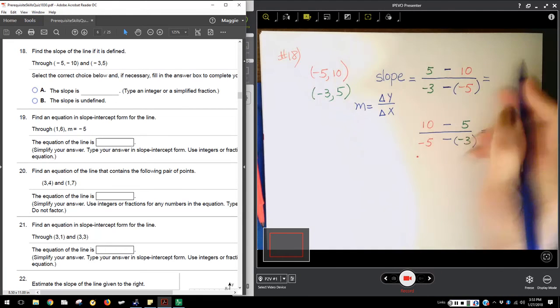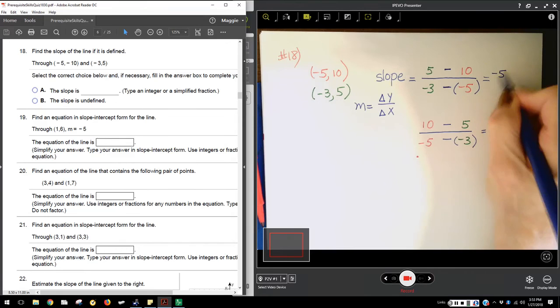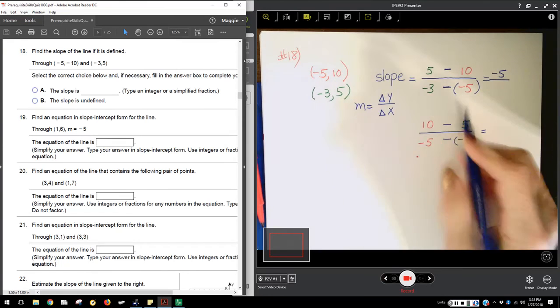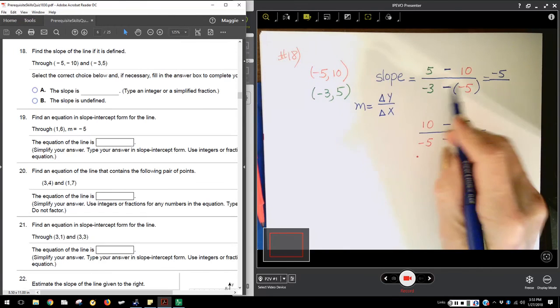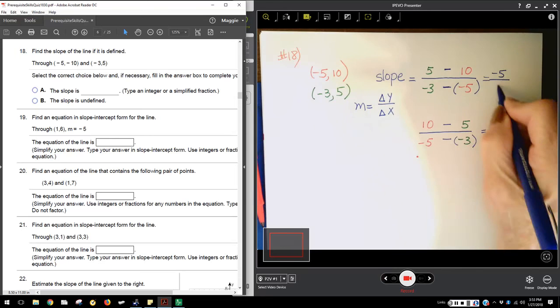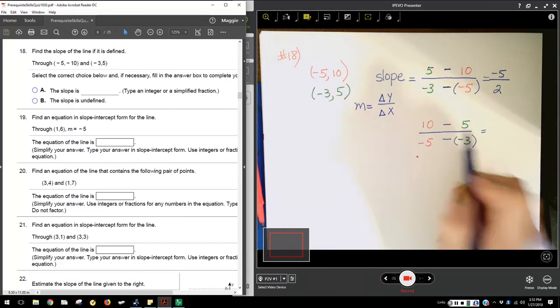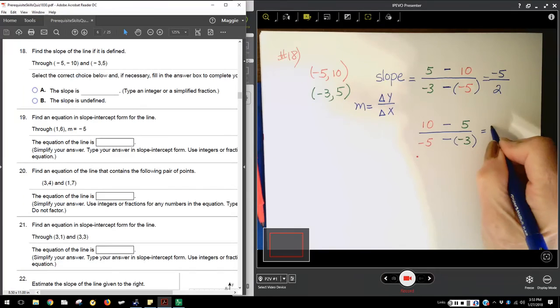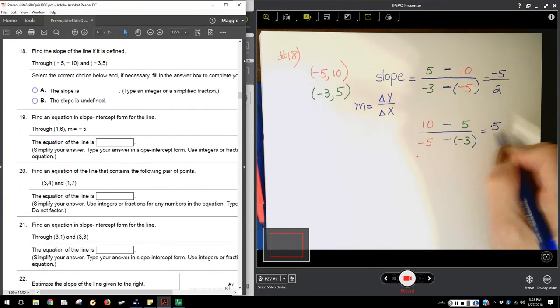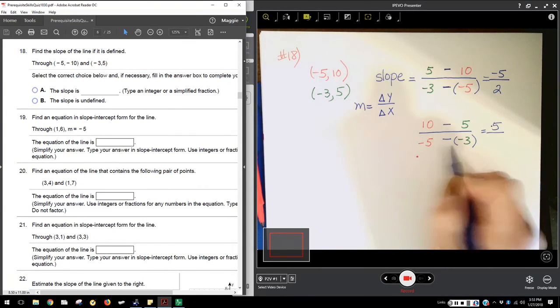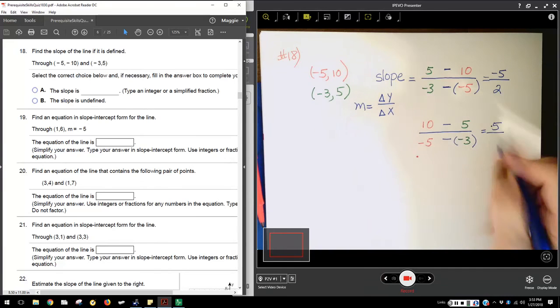5 minus 10 is -5. -3 plus 5 is +2. 10 minus 5 is +5. -5 plus 3 is -2.